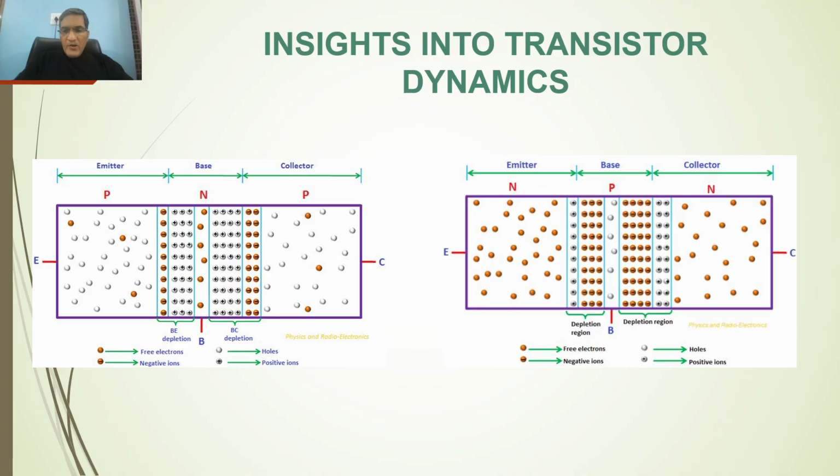One thing again I want to clear here: it is not like we have taken a block of n-type and put it between p-type semiconductors, or taken a p-type block and put it between two n-type blocks. No, it is not like that. It is for you to understand the figure properly.